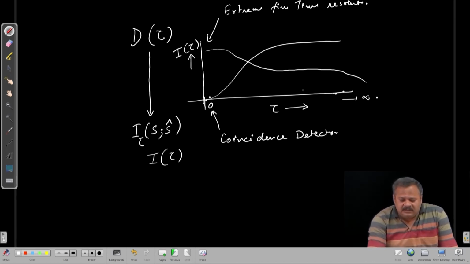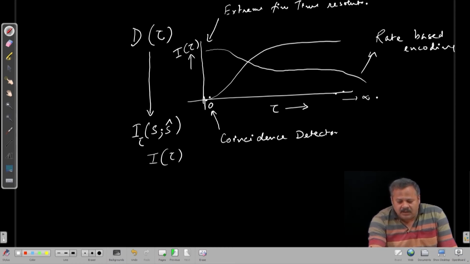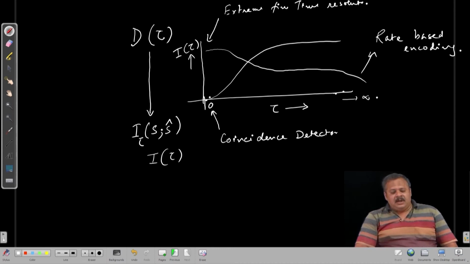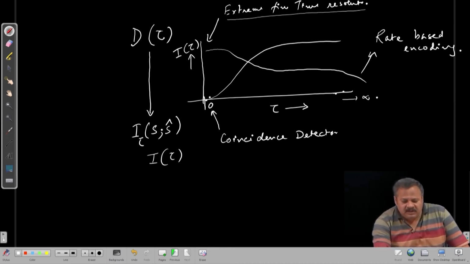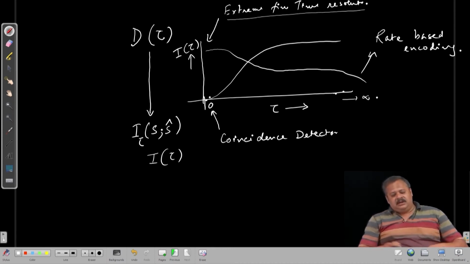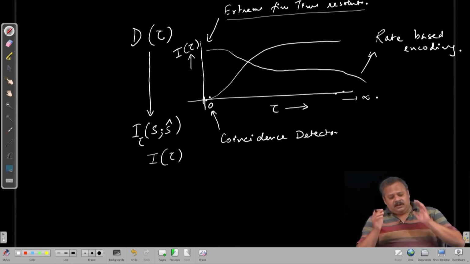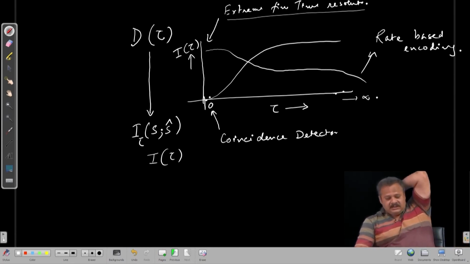And as the tau increases, this is the case of rate based encoding. We will see in a moment why it is rate based encoding. Now what we mean here by extreme fine time resolution is that the discrimination, or the decoding, is dependent entirely on the spike times.